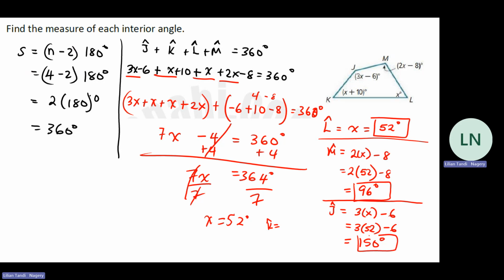You should have 4 answers because you have 4 different angles. Angle K is x plus 10, which is 52 plus 10, which is 62 degrees. Write neatly, okay? Like that. All right, let's move on.